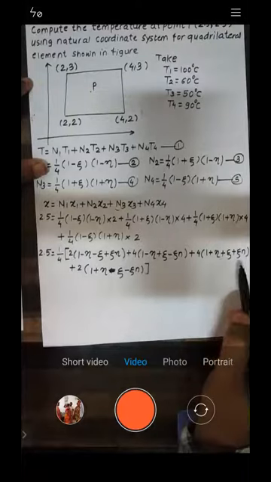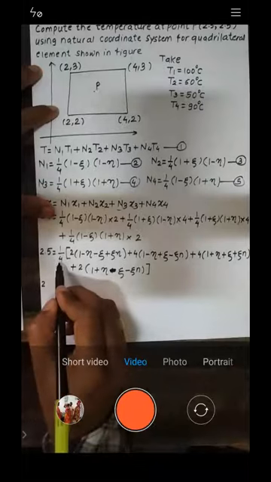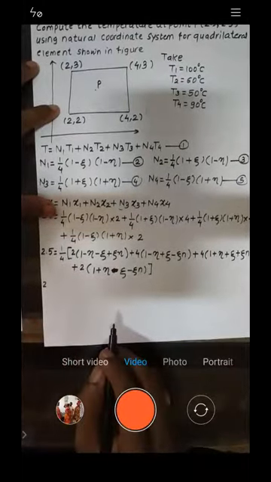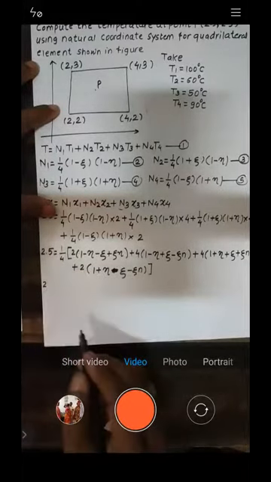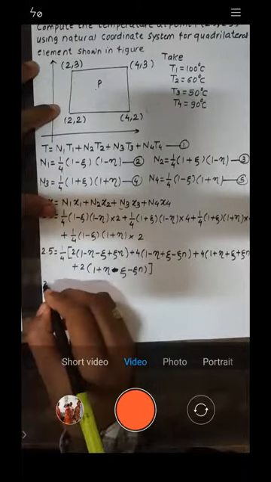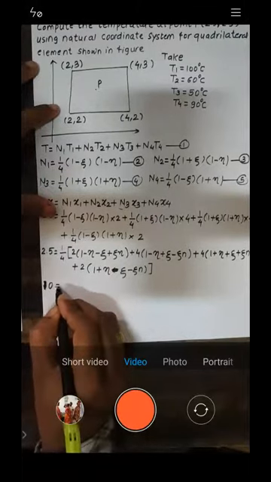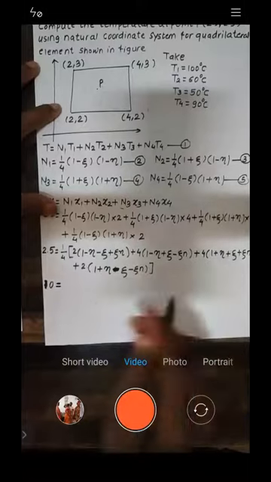Yes, sir. Right? Now see what I will do with 2.5. 2.5 into 4, this 2.5 and 4 is shifted here. What is 2.5 into 4? It's 10.